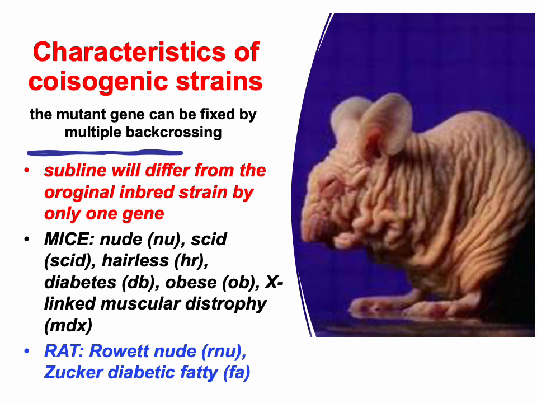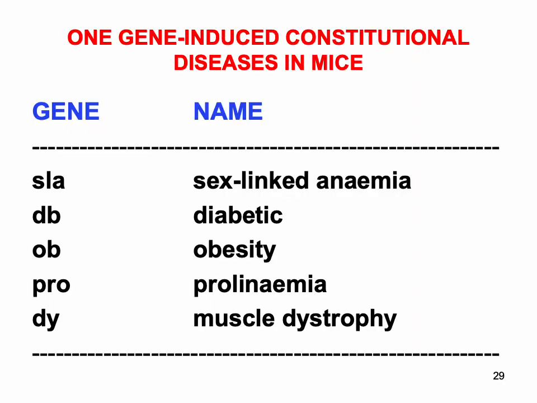In case of the rat, the genes caused the nude rat and the Zucker diabetic fatty. Here you see another one gene induced constitutional disease in mice. We have the sex-linked anemia, we have the mentioned diabetes and obesity, we have properdin deficiency and muscle dystrophy.